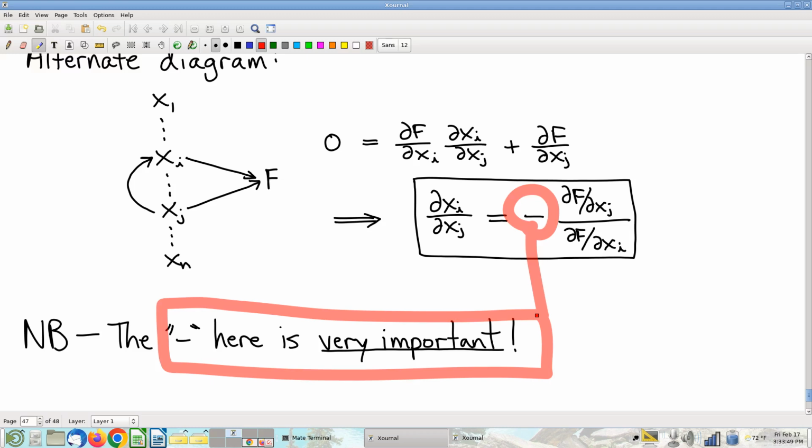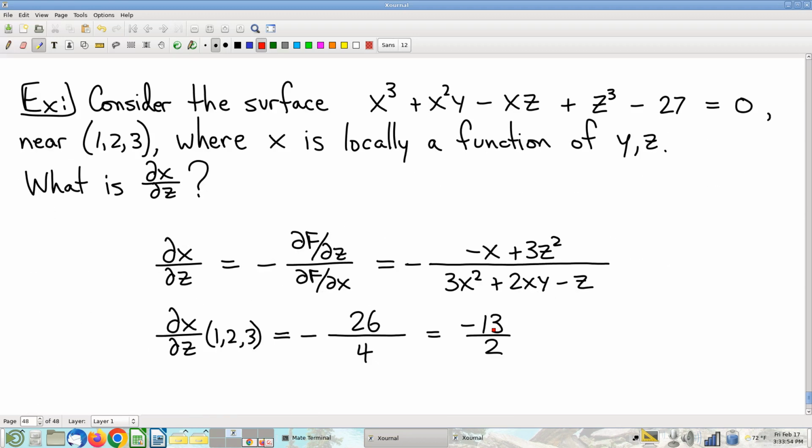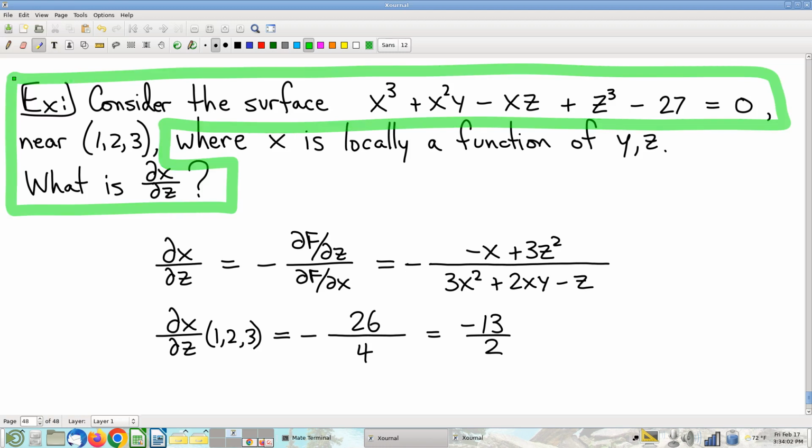It's just so important. Okay, next thing, and I wrote about this in the email I sent on Wednesday. On a question like this, what I have highlighted in green here, not the question that was asked in this example, but if you have a question that says, hey, here's an equation, and near a certain point, what's this partial?